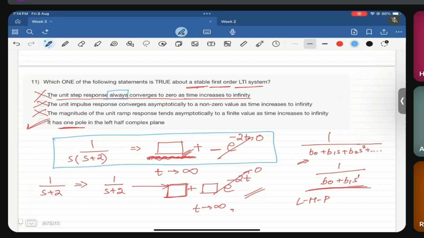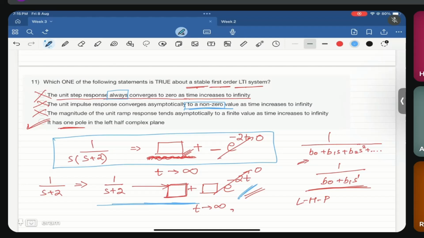Ma'am, why have we discarded option B? Option B was saying the unit impulse response converges asymptotically to a non-zero value. Here also it is saying such things always happen in general, but here also we have seen that it converges to exactly 0. So this option is also not true, because there can be a situation where it converges to 0.